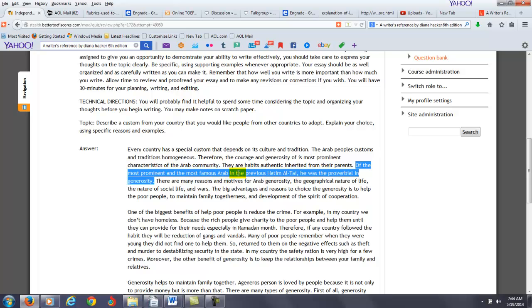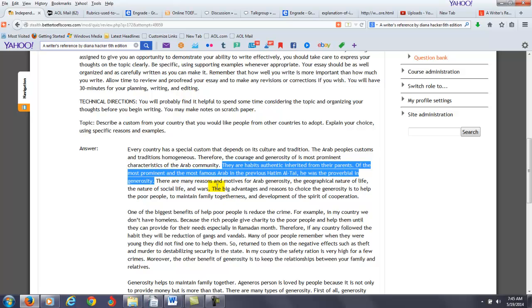It almost sounds like you want to say, of the most prominent and famous Arabs is the previous Hatim Al-Tai, comma, who was the proverbial of generosity, I would probably say. So this sentence is difficult because of your grammar issues. It's hard for me to understand exactly what you're trying to say there.